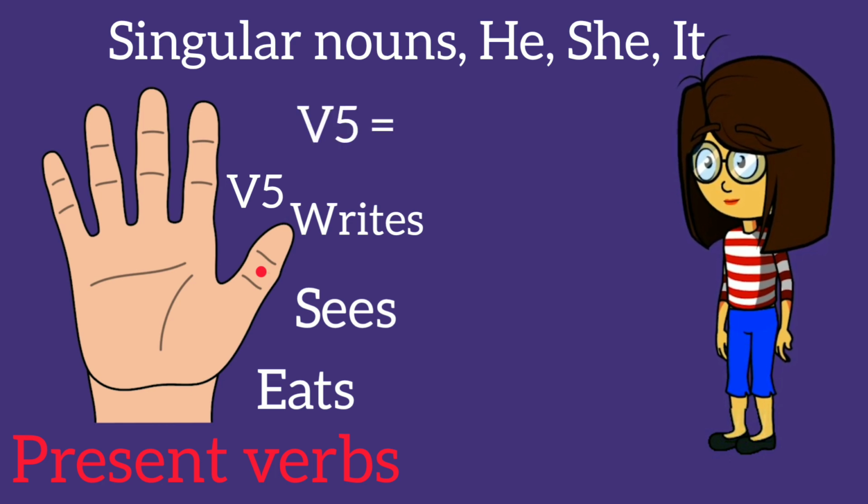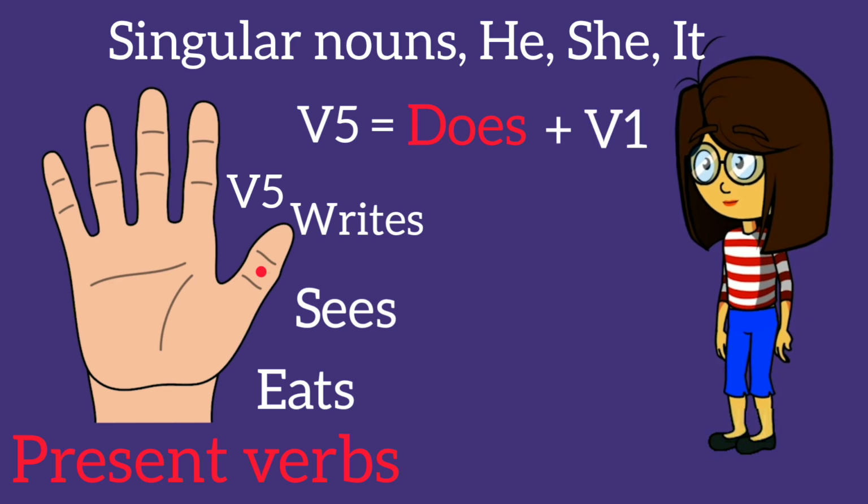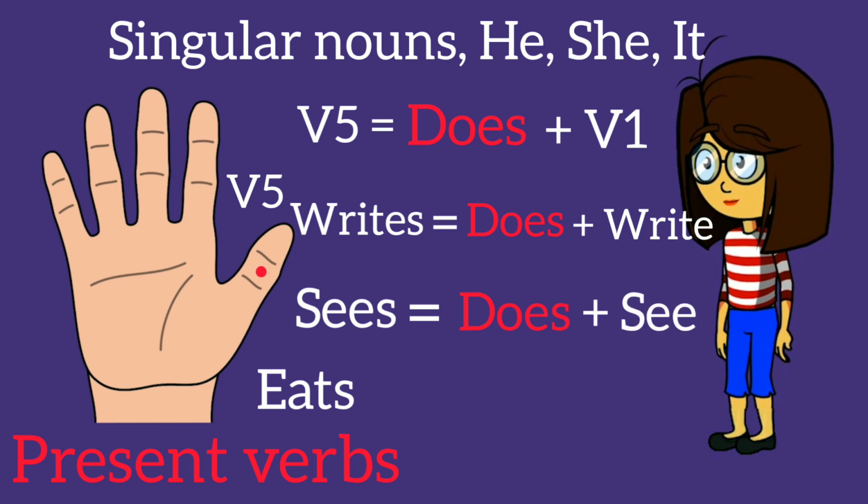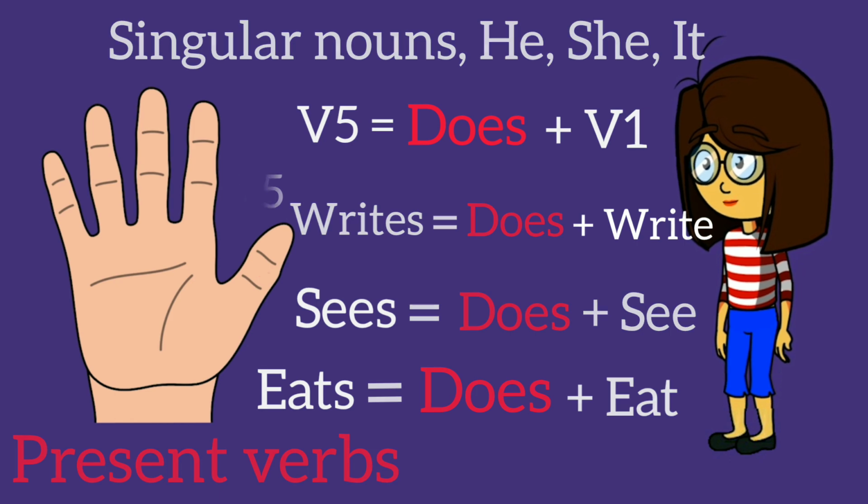V5 is equal to does plus V1. Every fifth form of verb has does in it. For example, writes is equal to does plus write. Sees is equal to does plus see. Eats is equal to does plus eat.